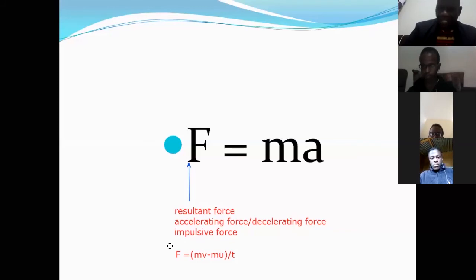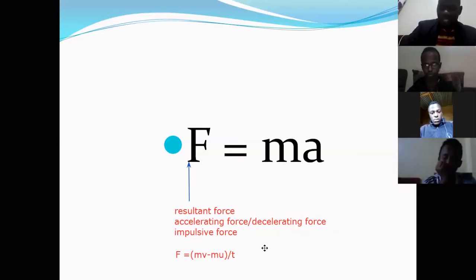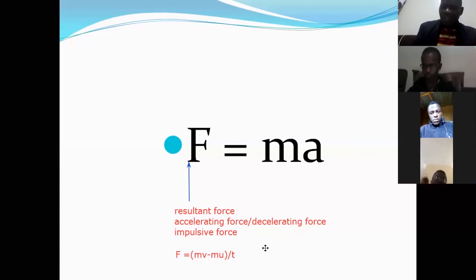Looking at a car, it has what some people call shock absorbers, but they're not shock absorbers. We have the airbags, where the driver sits and the co-driver, for the private cars. Now, when a car has a head-on collision, to reduce the impulsive force, that's the pain that the person is likely to experience, there is an airbag.